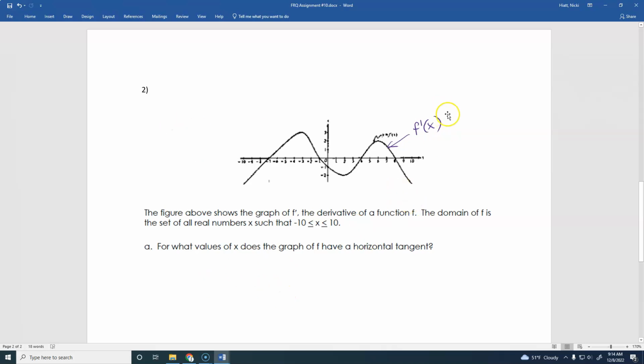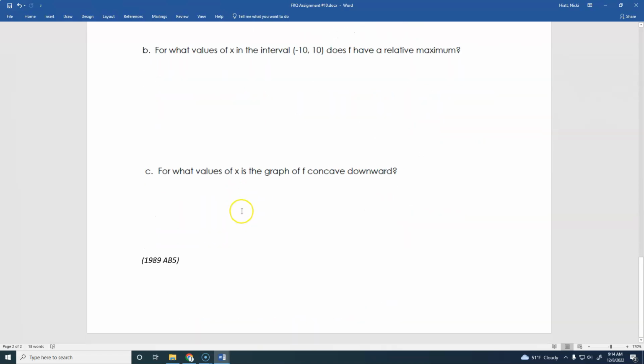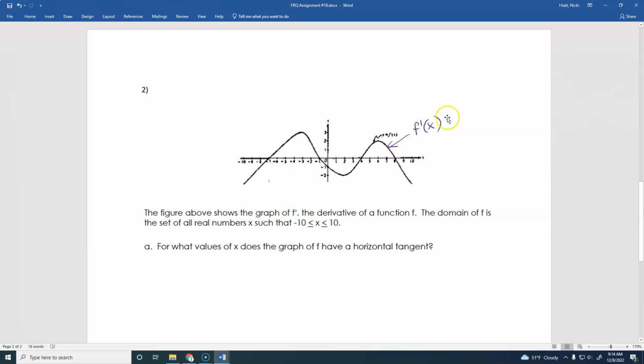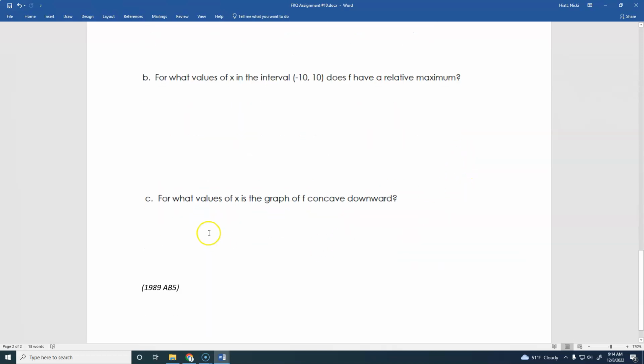But make sure on the second one, whatever you are answering needs to come from f prime. Your reason comes from f prime, because f prime is the only thing you can see. So, like, you can't say that it's concave down because the second derivative is negative, right?